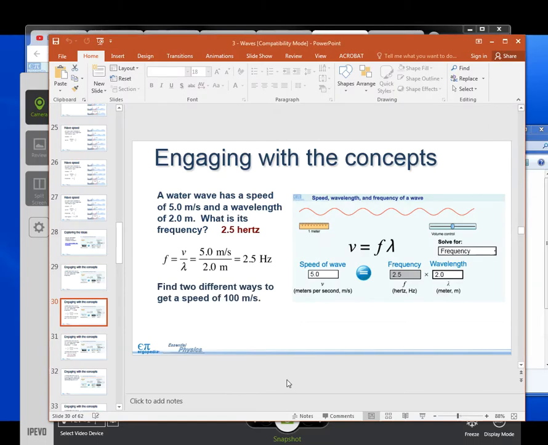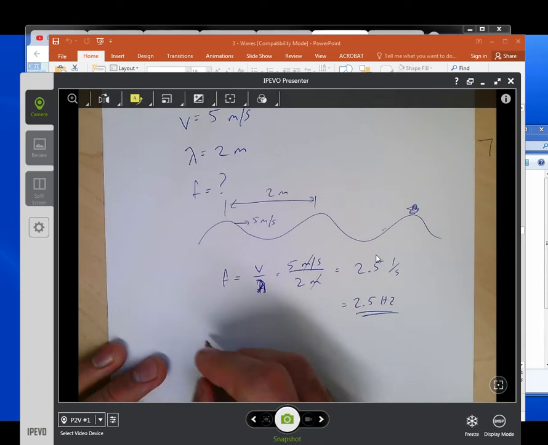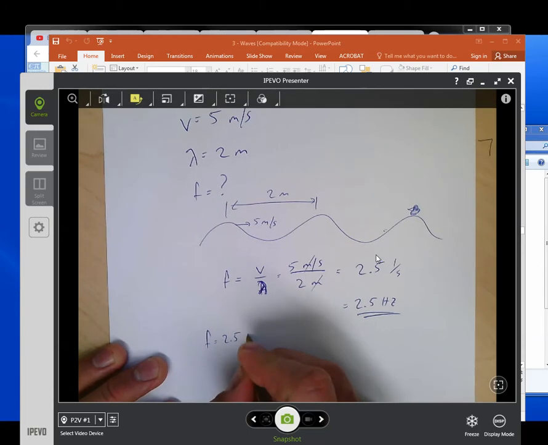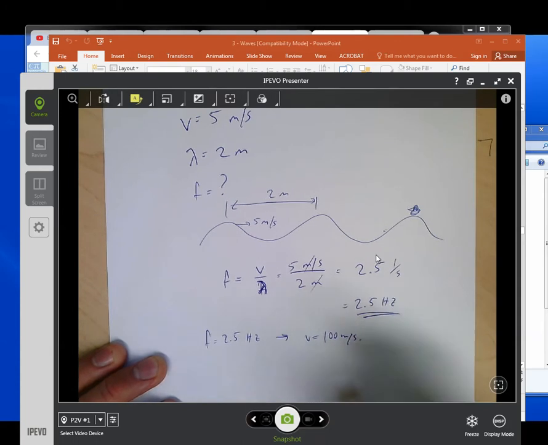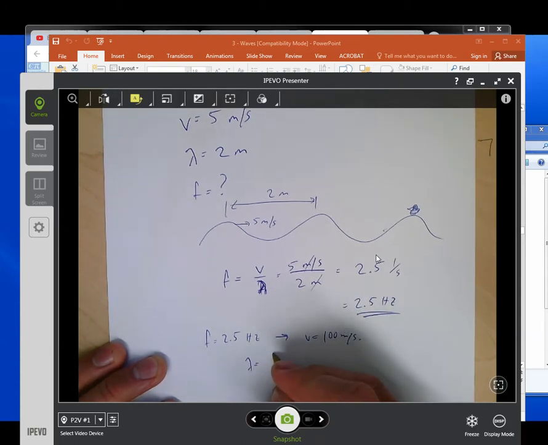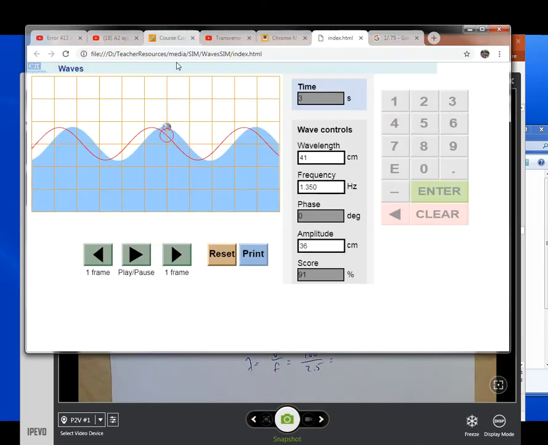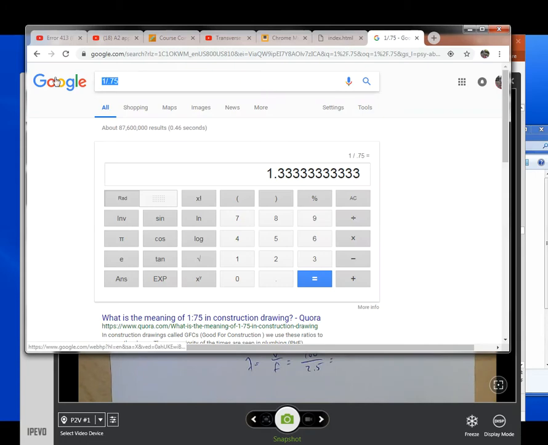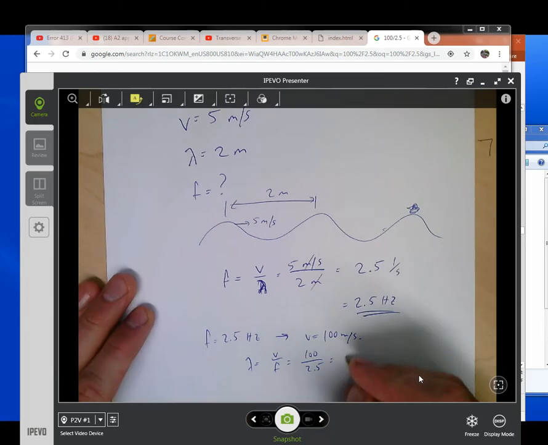If we had a frequency of 2.5 hertz, and I wanted to figure out what wavelength to get a velocity of 100 meters per second, I could just take lambda is equal to v over f, and say that's 100 divided by 2.5, and I cannot think of how to do that in my head at the moment, so I'll just do 100 divided by 2.5, and that's 40. Good. So that is going to be 40 meters.